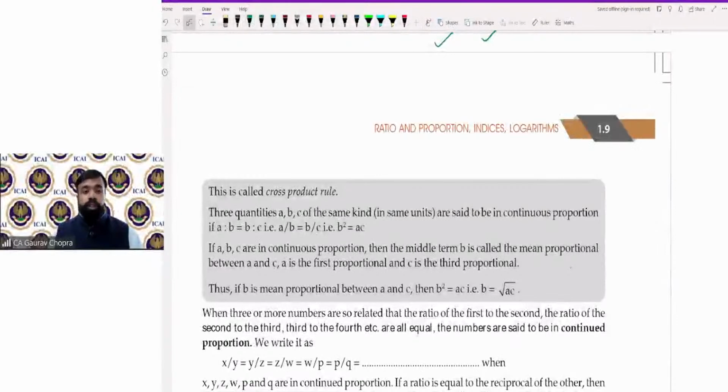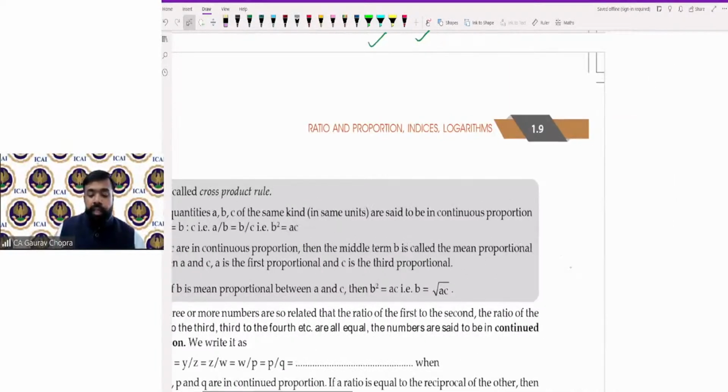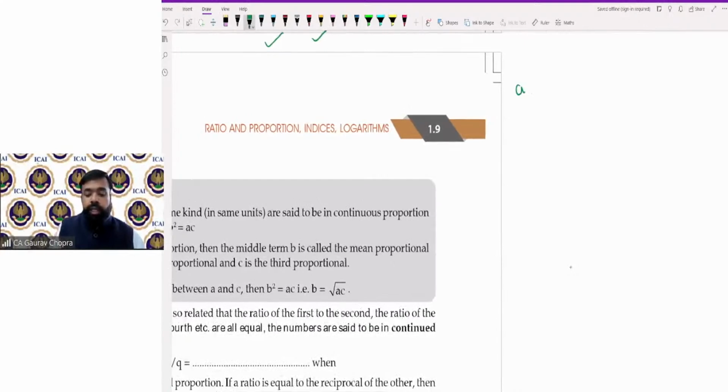Now, if there are only 3 terms instead of 4, then how do we have to apply this? Let's say there are 3 terms A, B, and C, and they are in continuous proportion. Continuous proportion means A is having ratio with B and B is having ratio with C. If there is equal to sign in between, then again apply product of mean and product of extreme.